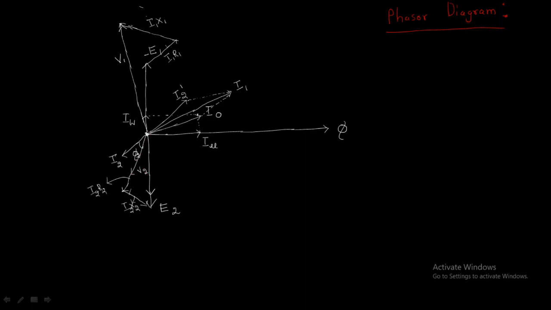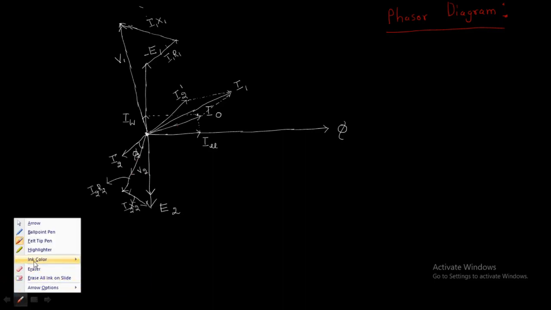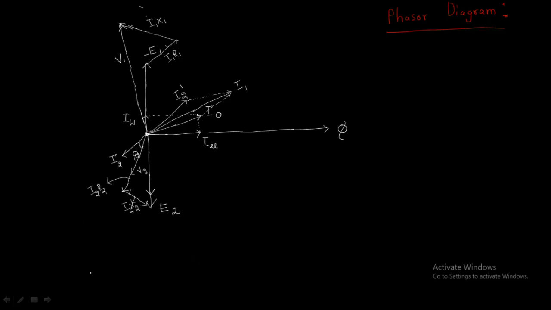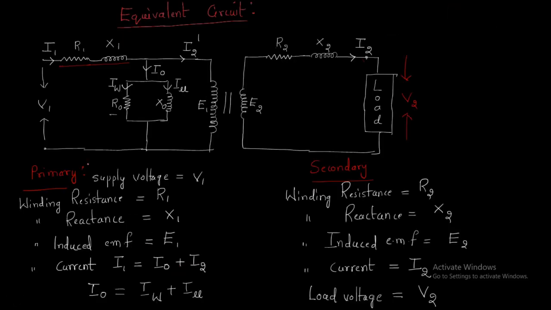V2 has some phase, so to understand clearly, you have to make two equations. We can write V1, the supply voltage, as this drop plus this drop, and this drop is nothing but E1.